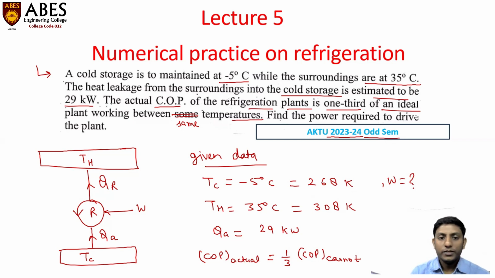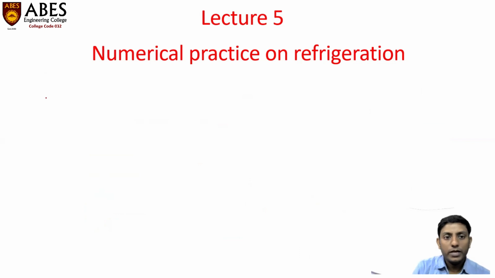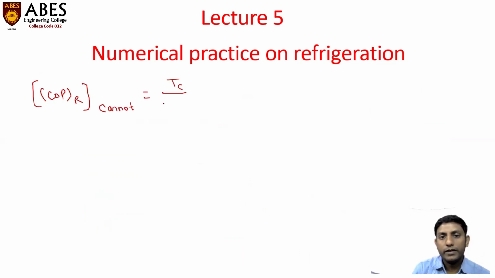Okay, so let us move forward and try to solve it. We know that COP of a refrigeration system working on Carnot cycle can be given as TC divided by TH minus TC.